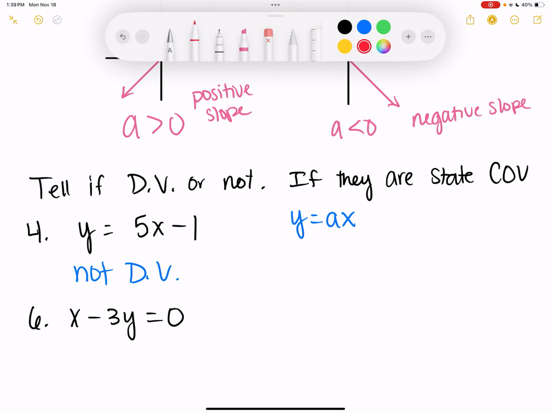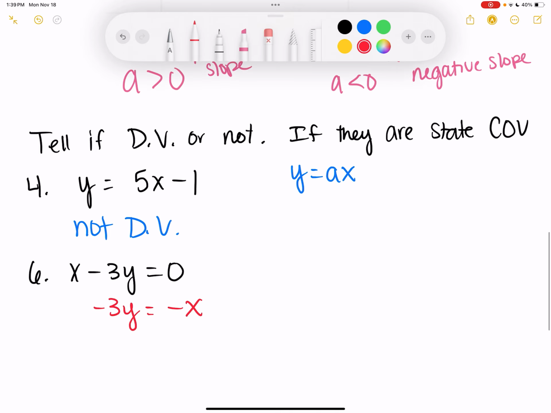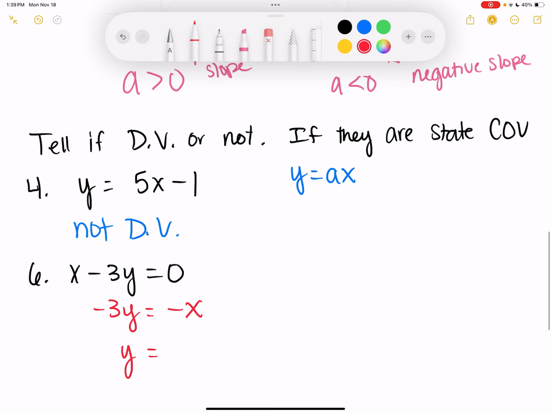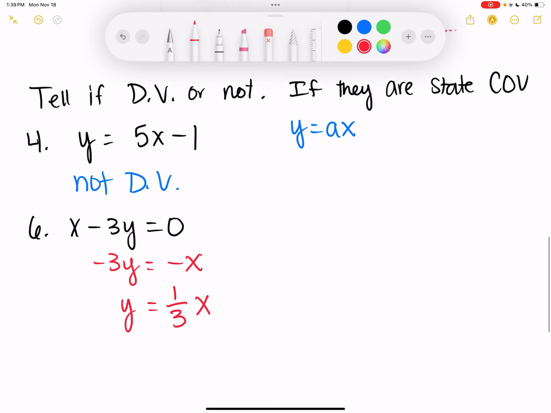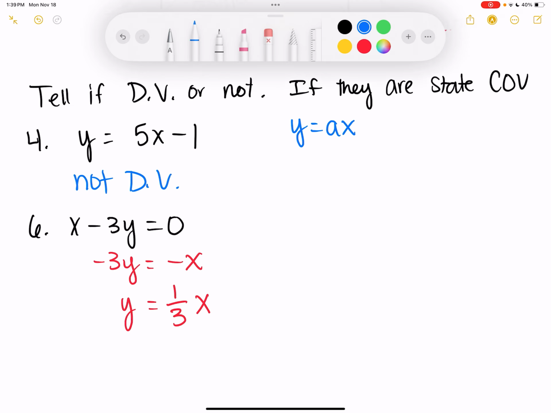Minus 6x, so I get negative 3y equals negative 6x. Then divide by negative 3, so y equals 2x. Is this direct variation? Yes, so all you need to write is DV.